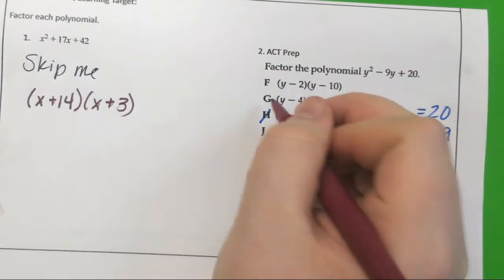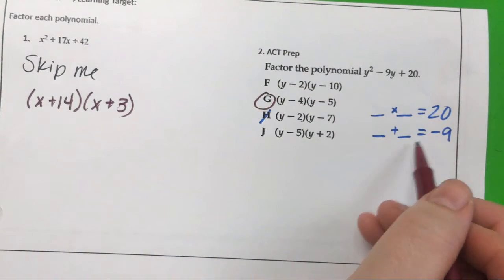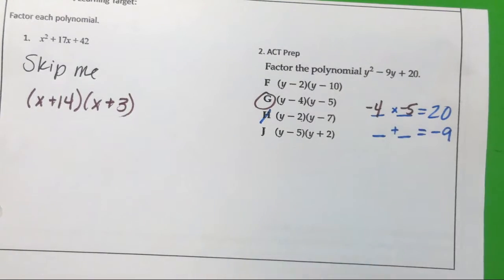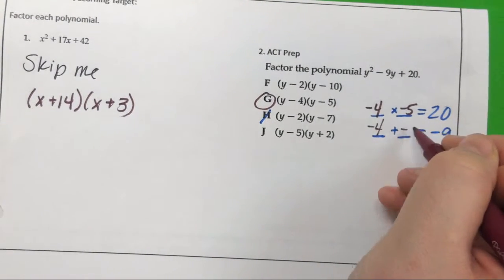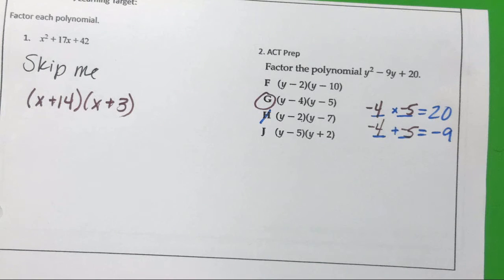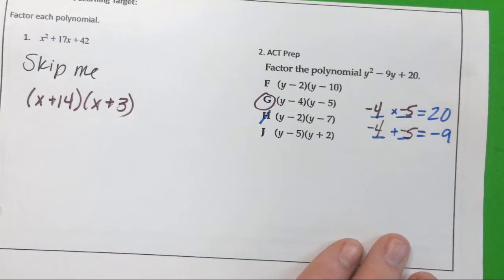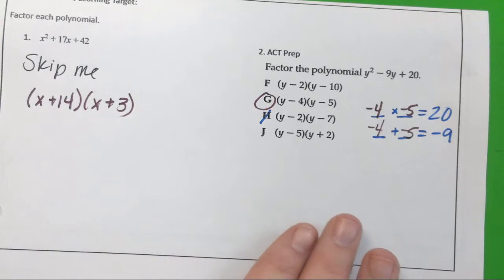Now, again, we need the two factors to add to give me a negative 9. Negative 4 and negative 5 multiply to a positive 20. Negative 4 and negative 5, when added together, make a negative 9. If you need more practice factoring, please ask. Eventually, we're going to need this skill to come back to you. But at the moment, I need so many other skills, I'm going to let it go.